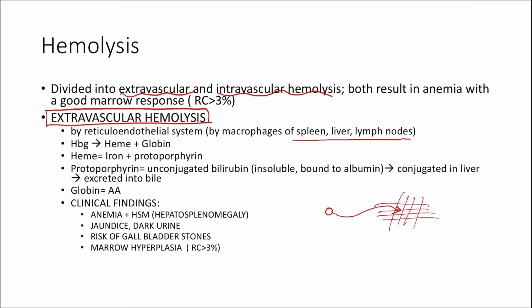When it's broken down, you have a molecule called hemoglobin. Most of the RBC is basically just hemoglobin with some amount of cytoplasm and membrane, and the cytoplasm and membrane, being mostly proteins, will just disintegrate. But hemoglobin is the molecule that has heme and globin. Heme is basically just iron and protoporphyrin.